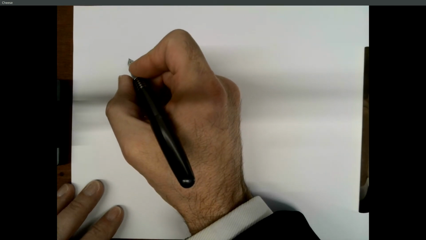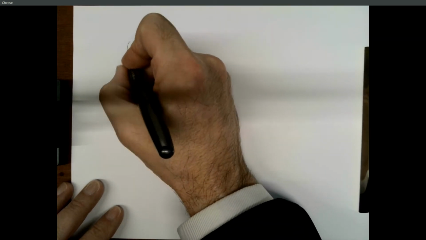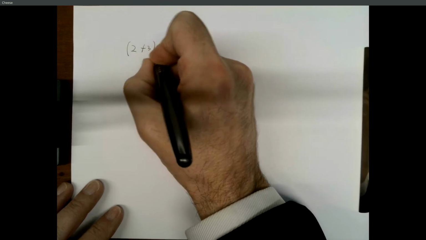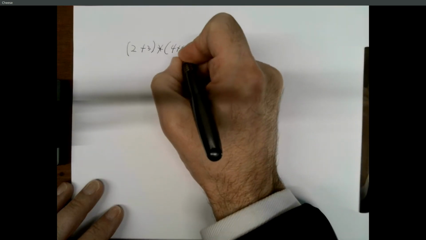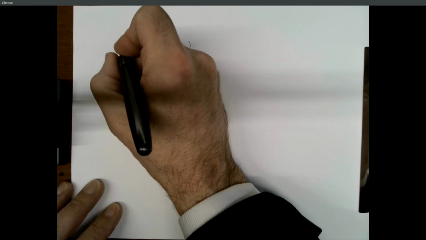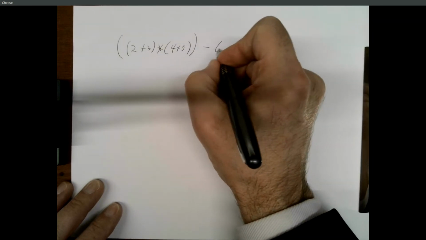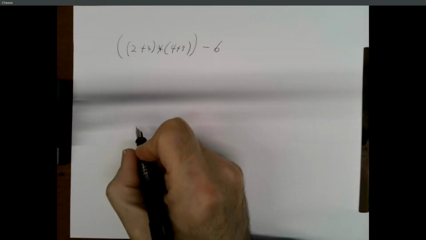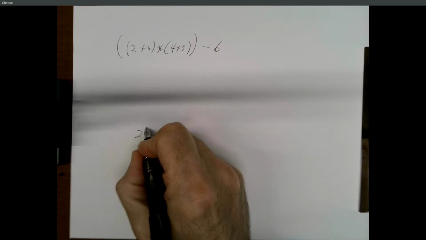Arithmetic expressions. So suppose we want to evaluate 2 plus 3 times 4 plus 5, and we want all of that minus 6. Okay, I can represent 2 plus 3 with a little tiny tree like this.